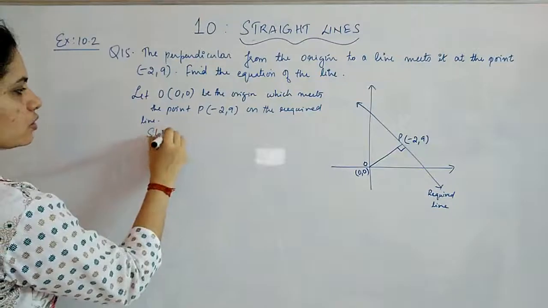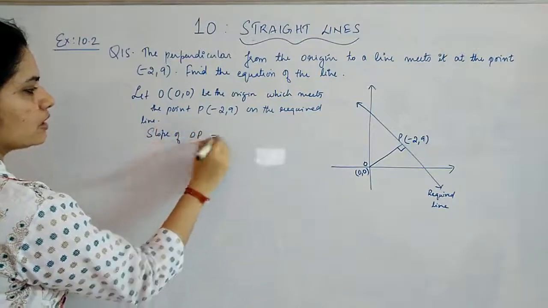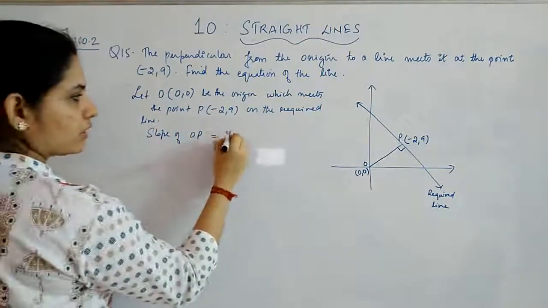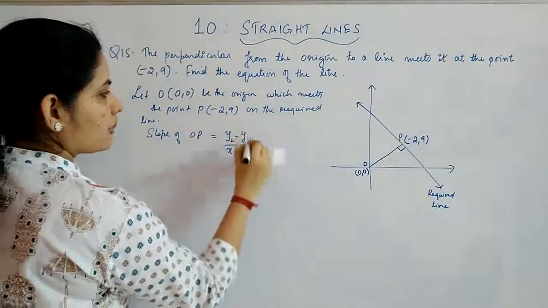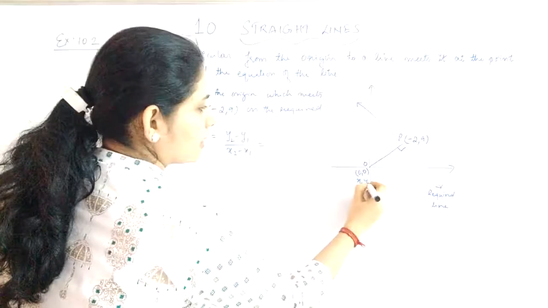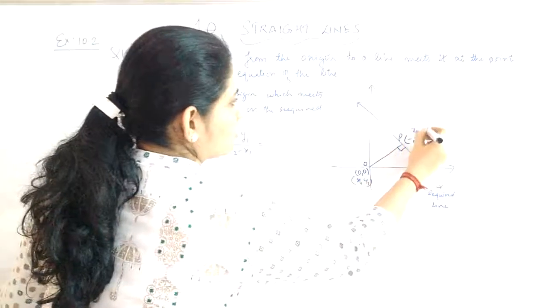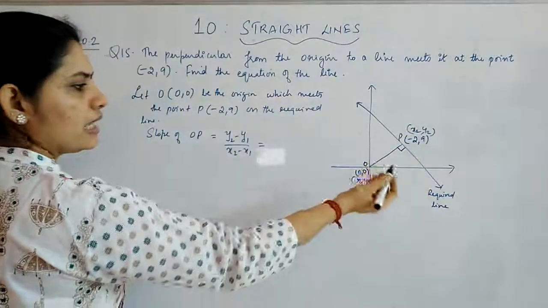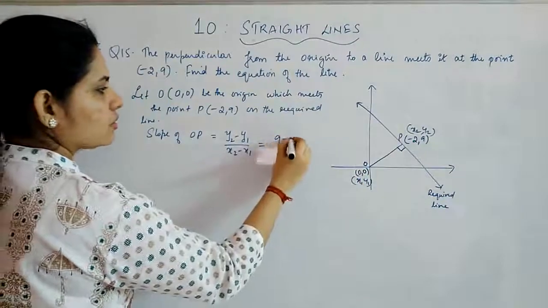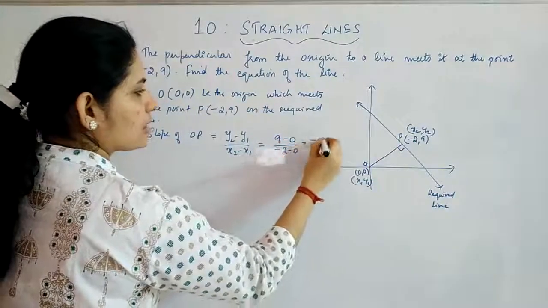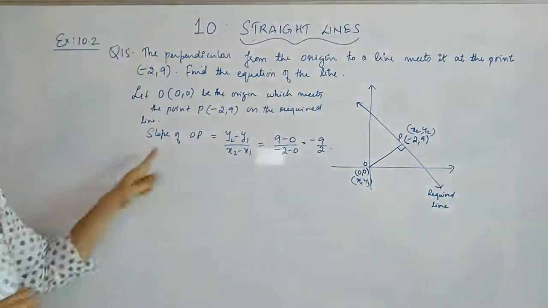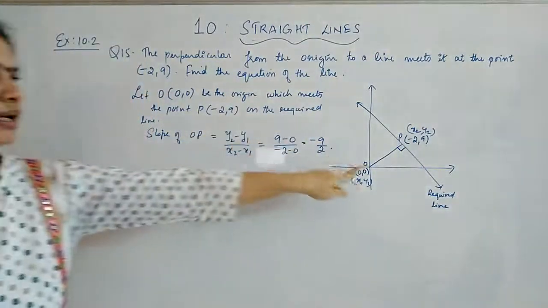The slope of OP is equal to y2 minus y1 by x2 minus x1. So this is your x1 y1, x2 y2. We get 9 minus 0 by -2 minus 0, which is -9 by 2. So this gives the slope of the perpendicular line OP.